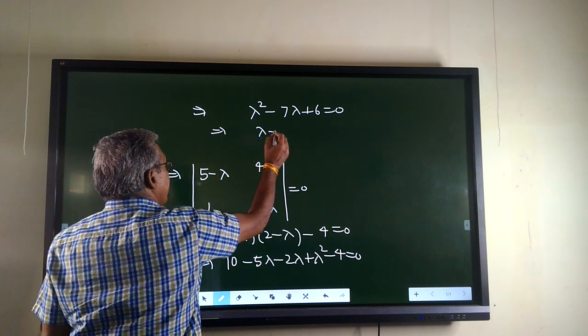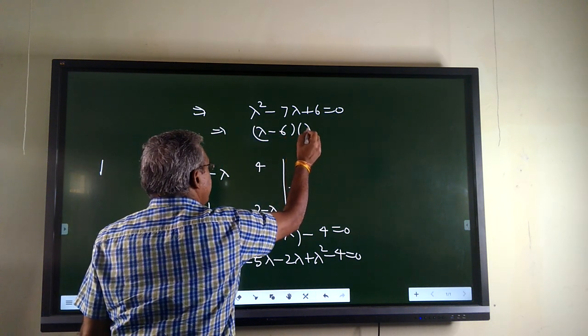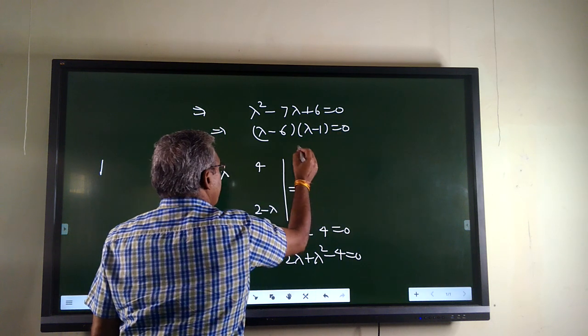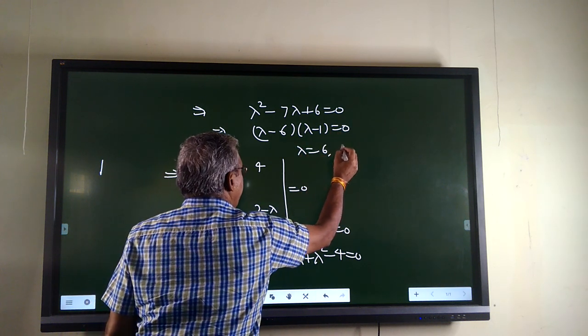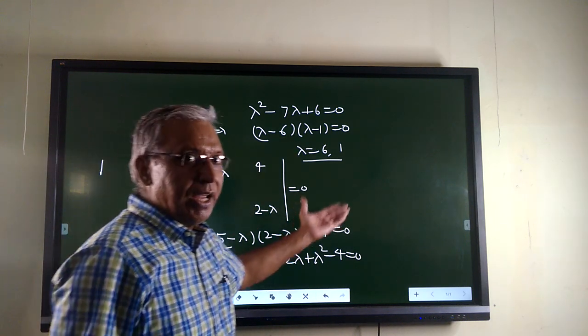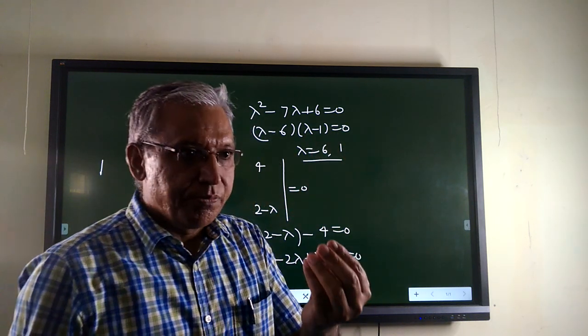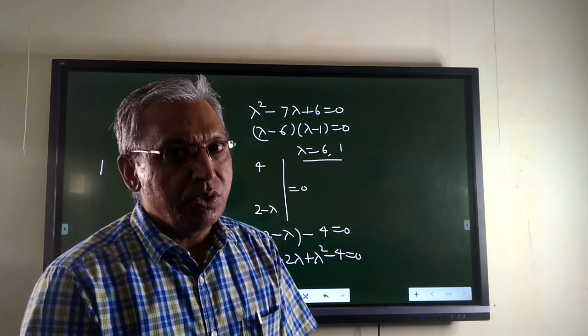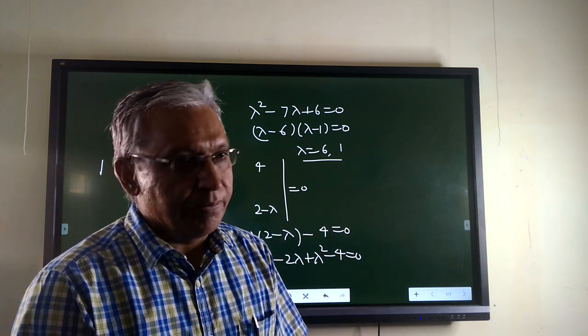After factorizing, we have (lambda minus 6) into (lambda minus 1) equal to 0. So therefore lambda equal to 6 and lambda equal to 1. Hence lambda equal to 6 and lambda equal to 1 are the required eigenvalues of the given square matrix A.